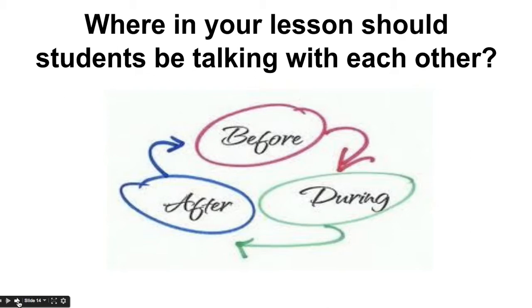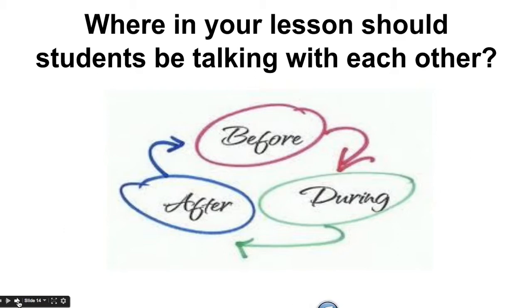So where in your lesson should students be talking with each other? If you think about it, they should be talking before they're learning, during their learning and after their learning if our goal really is to achieve bilingualism and biliteracy. And for that reason, we do need 100% participation.